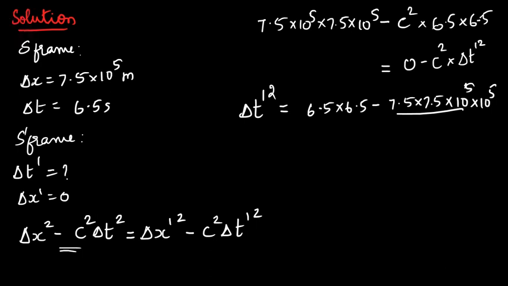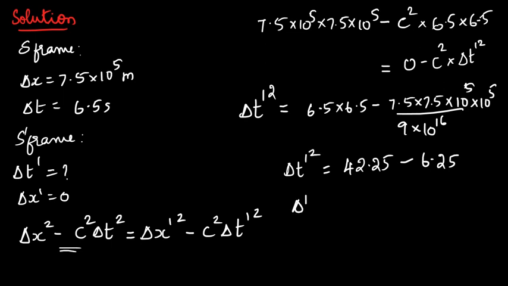So I replace the c squared by 9 into 10 power 16. On simplification, I get del t prime squared to be 42.25 minus 6.25, which is 36. So del t prime will be 6 seconds.